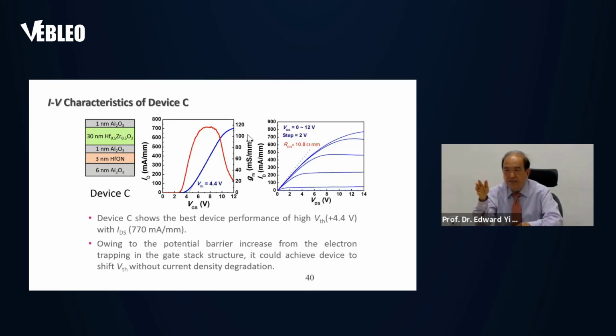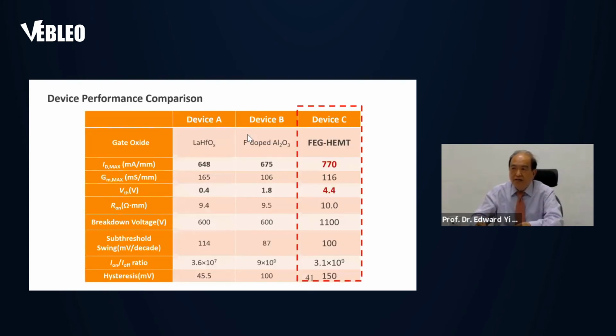It's not affected, because we're not removing any of the aluminum nitride layers. And this is the comparison between the fluorine treatment, the recessed device, and this ferroelectric HEMT device, which shows the highest IDS and a very high VTH of 4.4 volt.